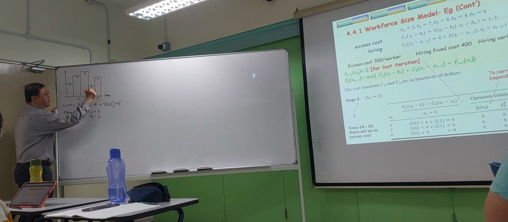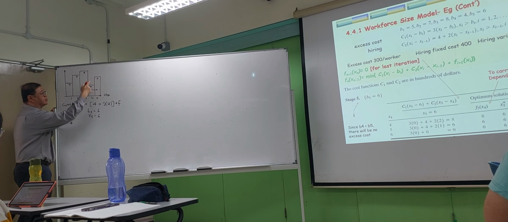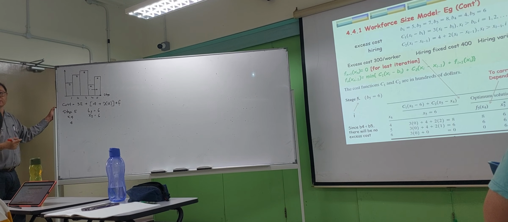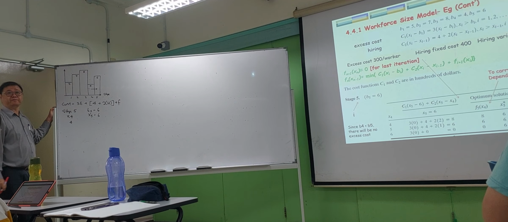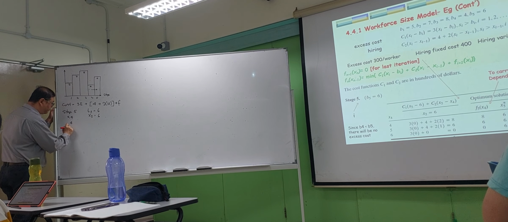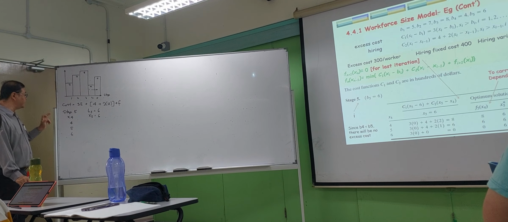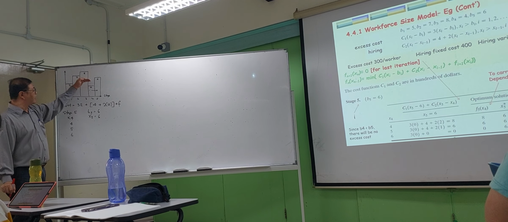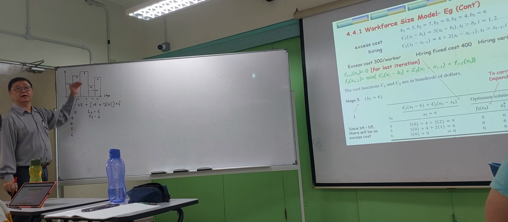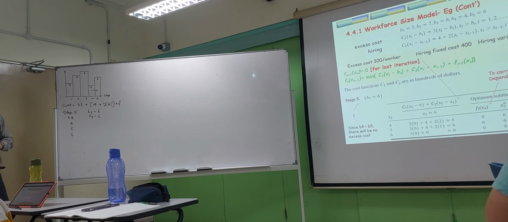Then from here, you look to the right and you look for the maximum value. So in this case here, the maximum value is 6. So it will be 4 or 5 or 6. So that means here, instead of 4, I might have 4 workers. I might want to keep 5 workers. I might want to keep 6 workers.